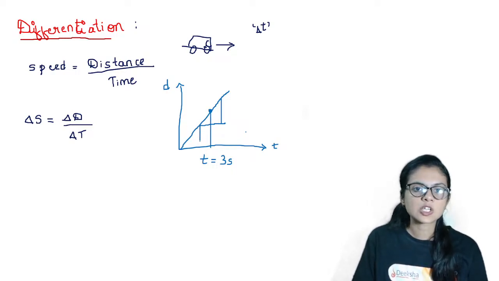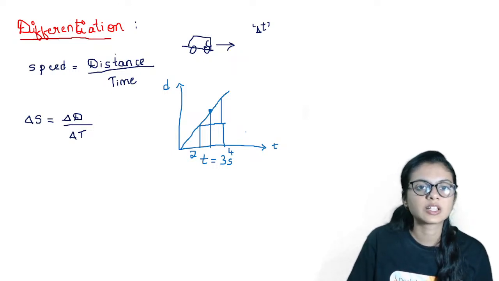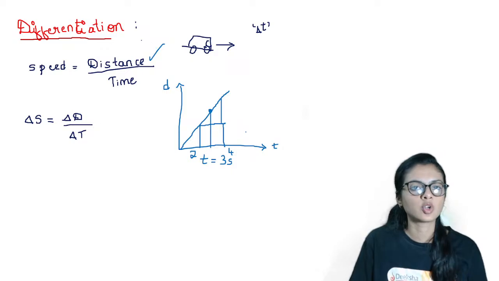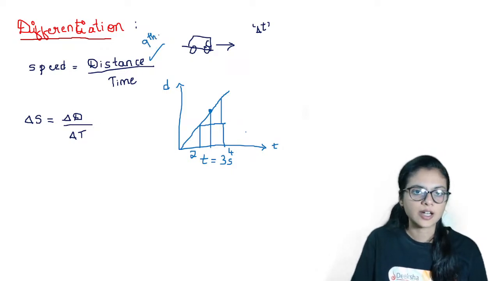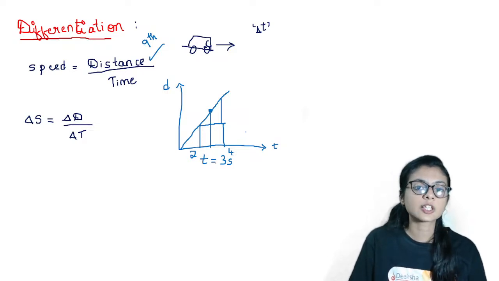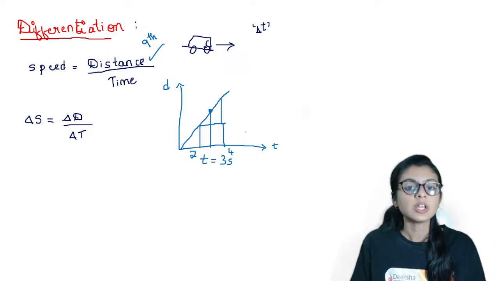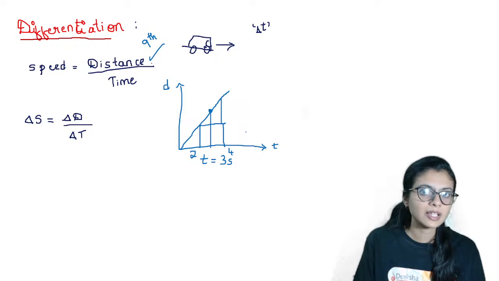So if anybody asks me what is the displacement or what is the speed of the vehicle between 2 to 4 seconds, I can calculate it with this method, the first thing which we have already studied in our ninth standard. But particularly at a very small time, if they ask what is the speed at 0.3 seconds, that much small time, then it is difficult to calculate this way.